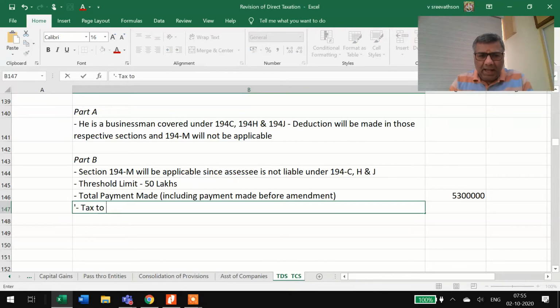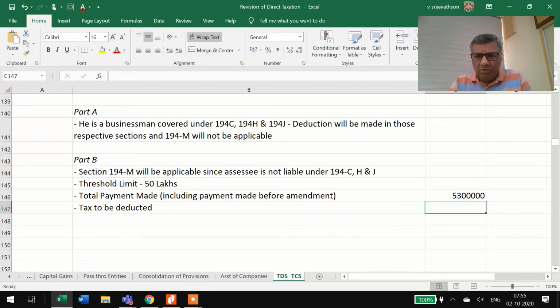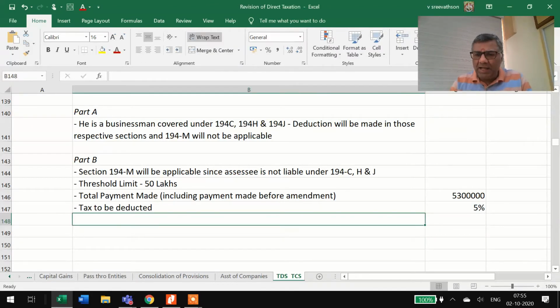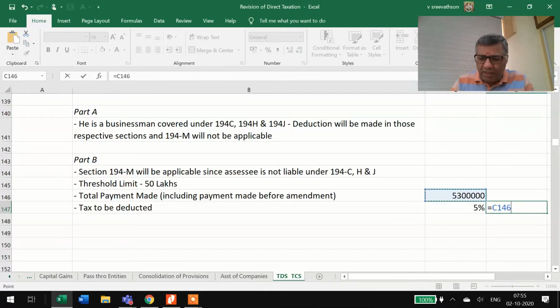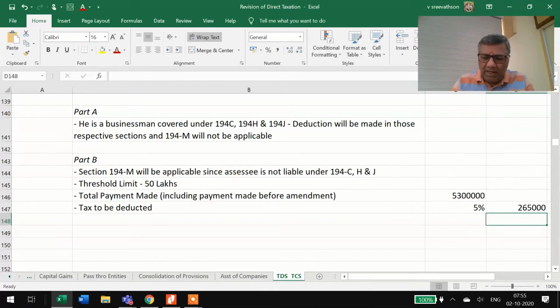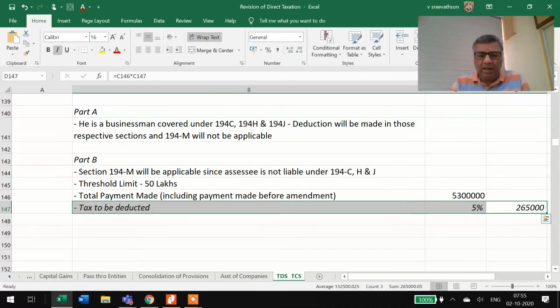Tax to be deducted is 5%. So 5% of 53 lakhs you need to deduct and remit while paying the last money.